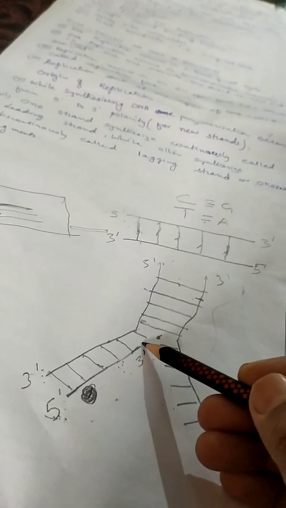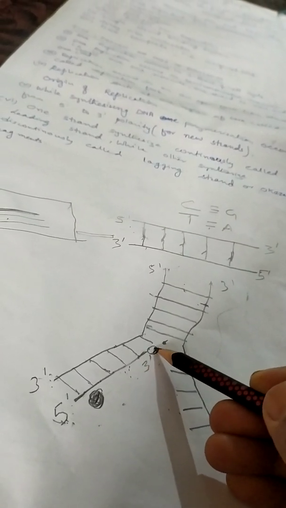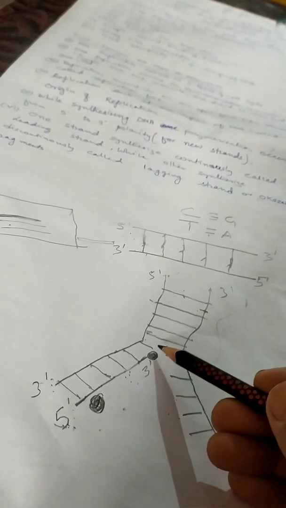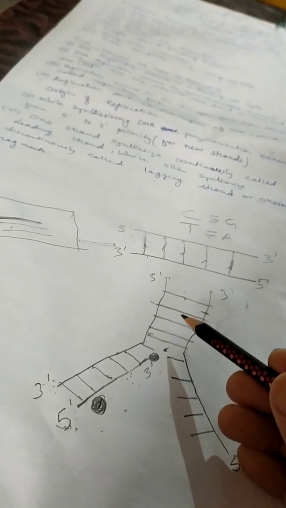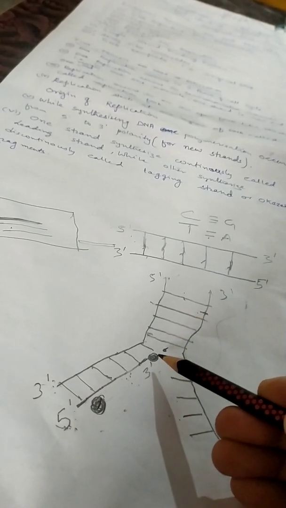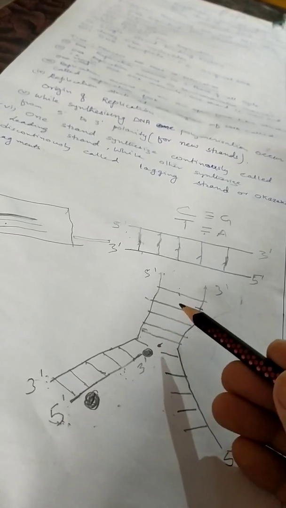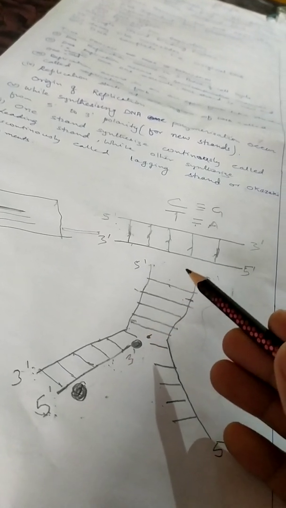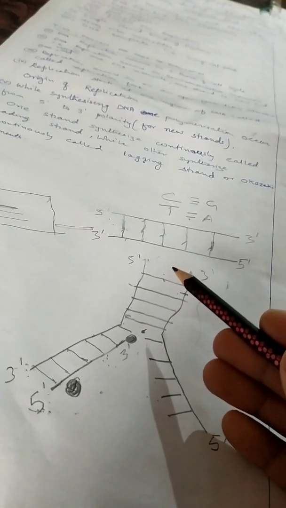Similarly, DNA polymerase has reached this point. If it moves further, the helicase enzyme will break this bond and DNA polymerase will move further, and the strand will form continuously. It goes till the end.